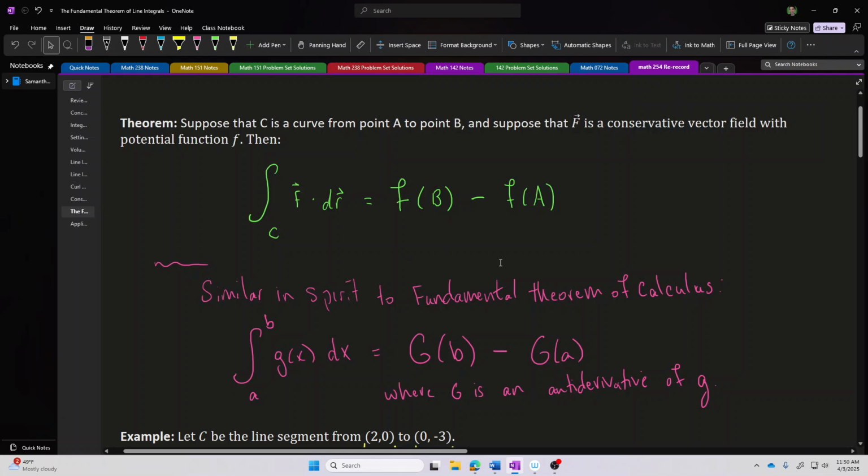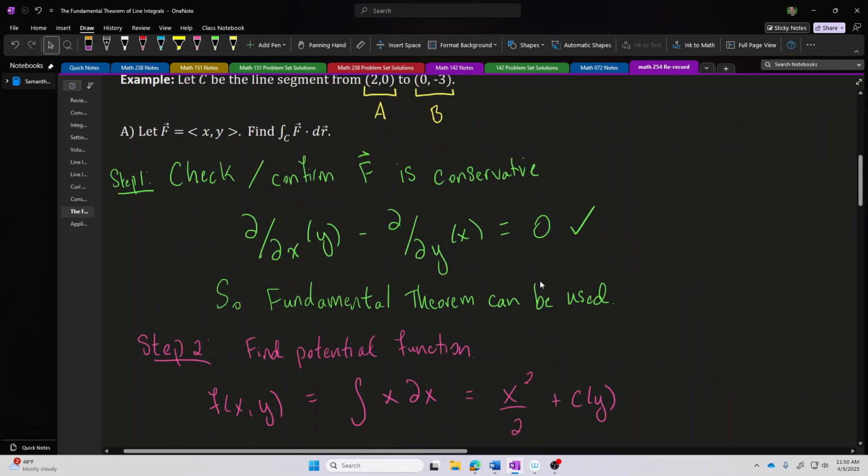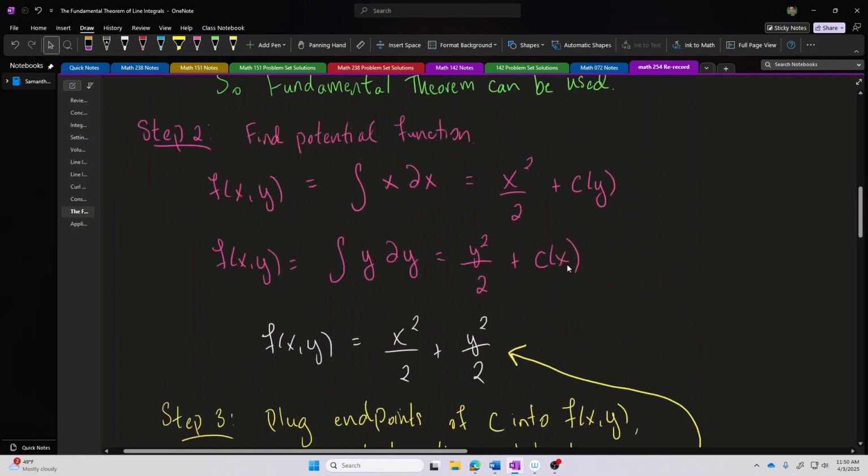If you try this process for a vector field that's not conservative, what you're going to see is that when you try and find the potential function, the two representations of lowercase f will be irreconcilably different.